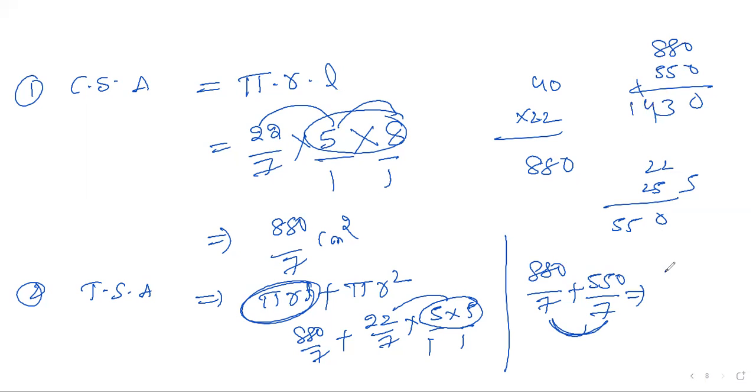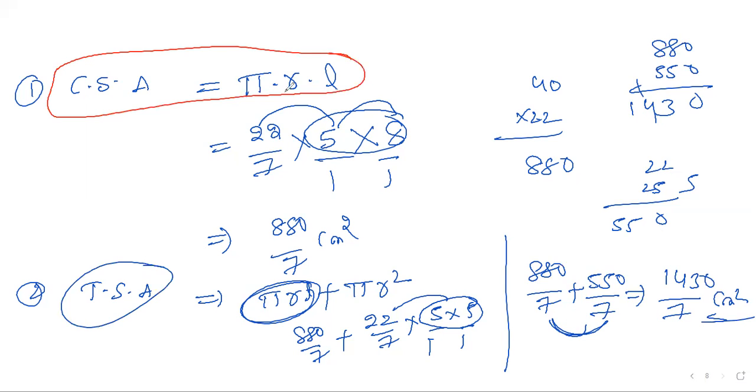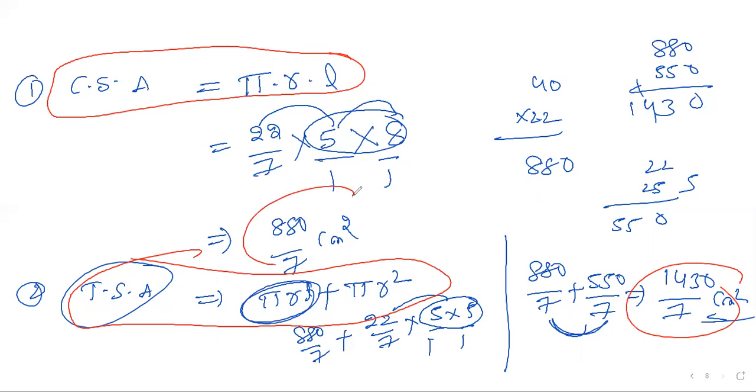The answer is 1430 by 7 centimeter square. This is the TSA of your cone. You need to remember, CSA is pi R L, TSA is pi R L plus pi R square. So these are the answers. Clear? Now what is the next thing? Volume of this one. What is the volume of a cone?